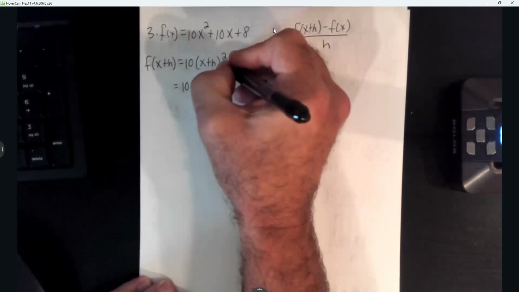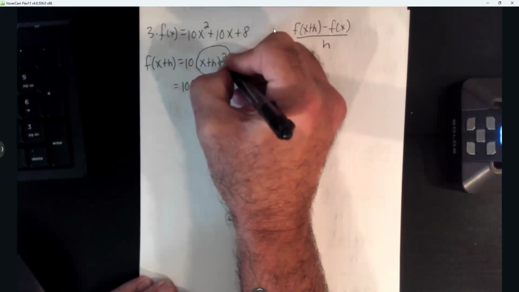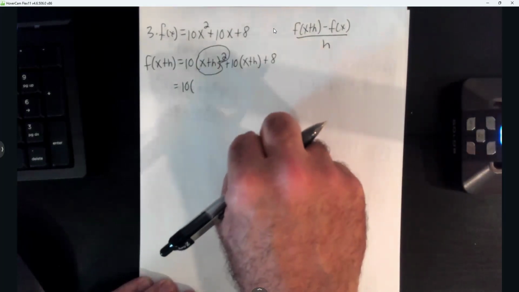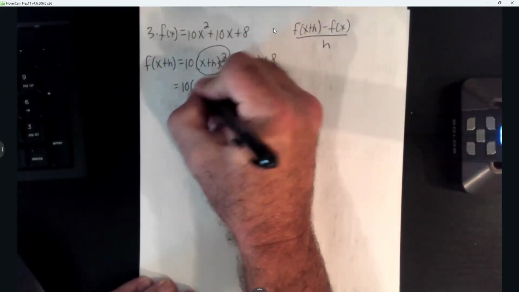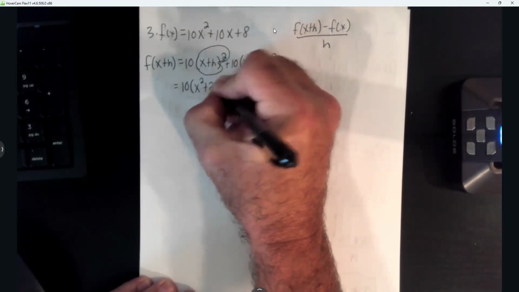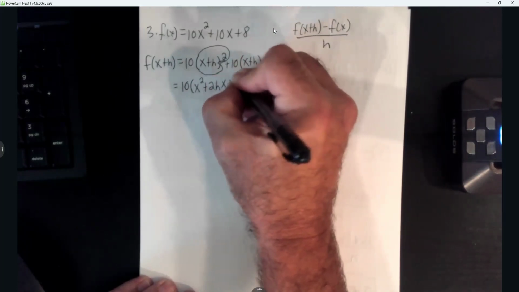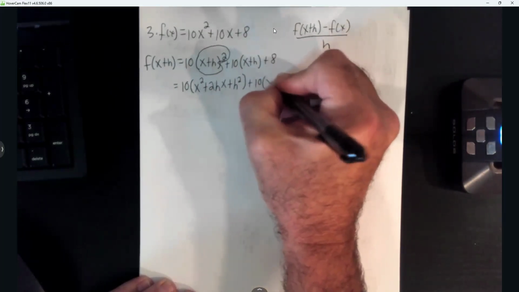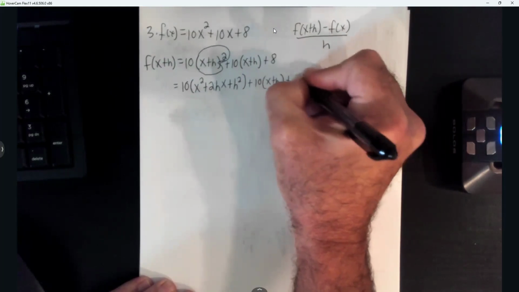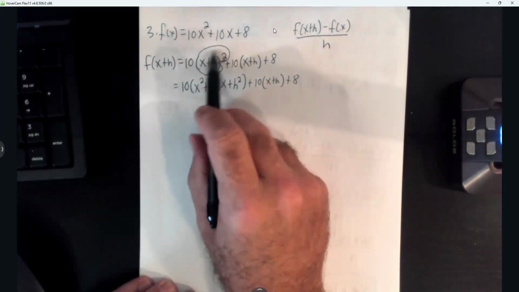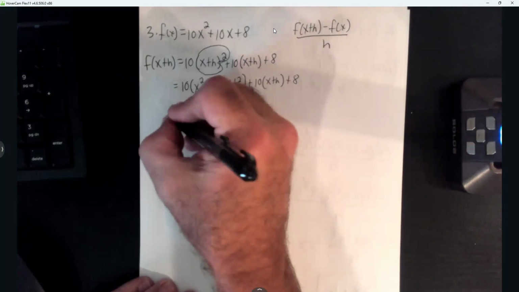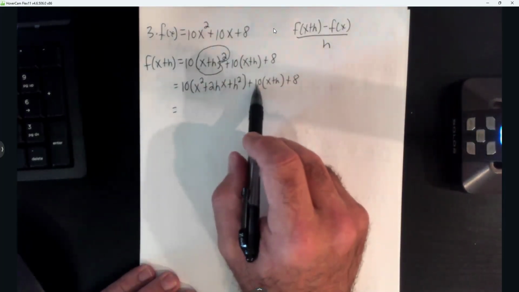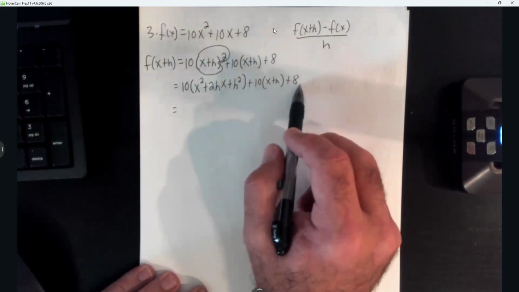Now, y'all, the first thing I'm going to do is this right here. And we know what x plus h squared is because we figured that out on the last problem. That was an x squared plus 2hx plus h squared. All right, I'm just bringing everything else down. On that move, I just wanted to square the x plus h and get that. Now I will distribute 10 here. I'll distribute this 10 here and then bring down my 8.